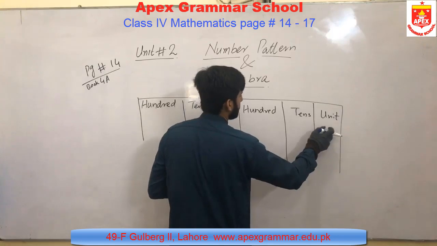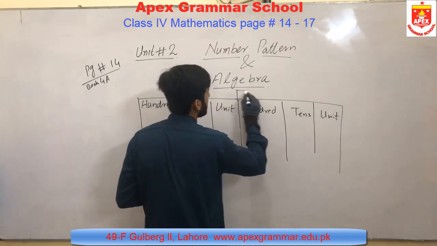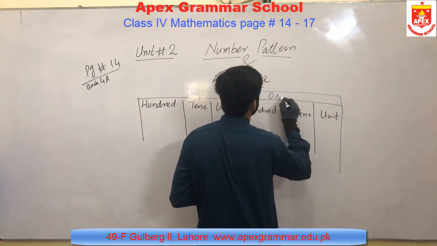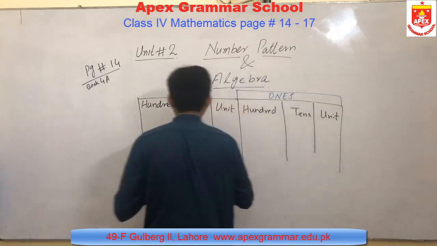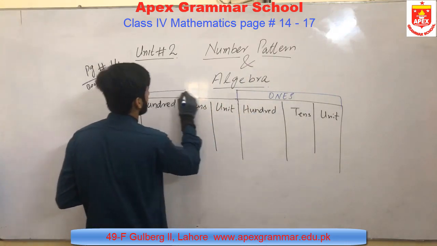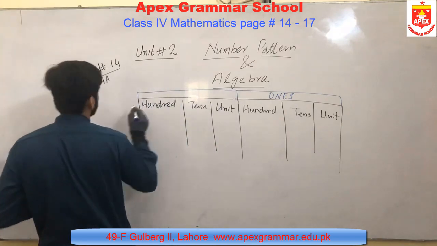From extreme right side, unit, tens, 100, first 3 columns are for ones and next 3 columns are for thousands.